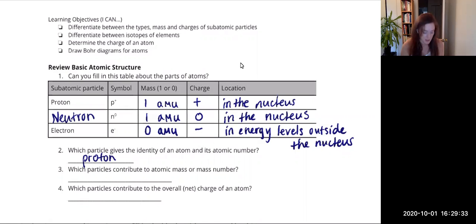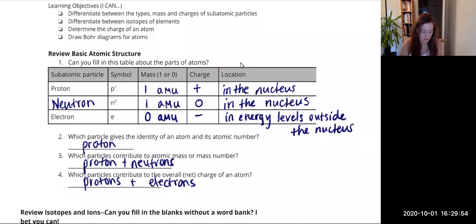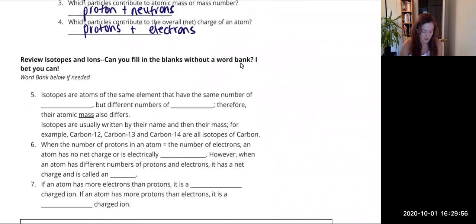That's the number of protons. Protons and neutrons contribute to mass. And which 2 particles have charge? Well, you see them there, protons and electrons, okay? So you can see protons play a role in all of these things, and neutrons and electrons also play important roles.